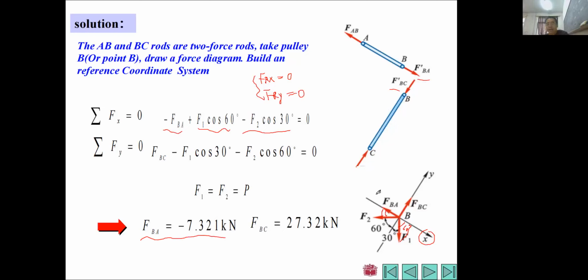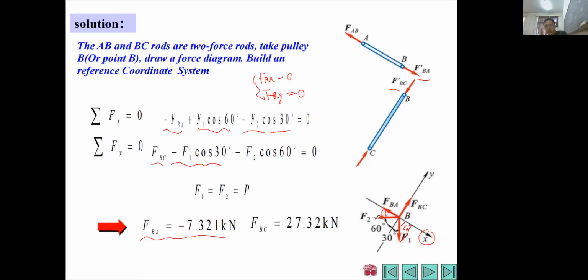And if we give another condition, sigma Fy equals 0, we should once again, because FBC is on the y-axis and along the positive direction, write FBC here. And F1 times cosine 30 is along the negative direction. So we have minus F1 cosine 30, and because FBA is perpendicular to y, we do not need to consider that.